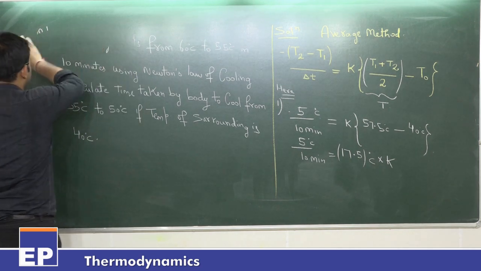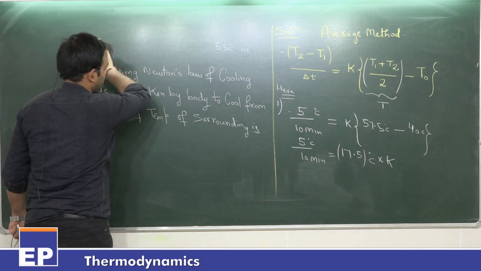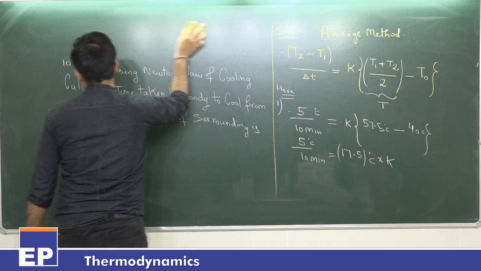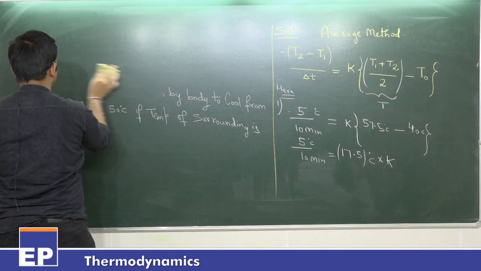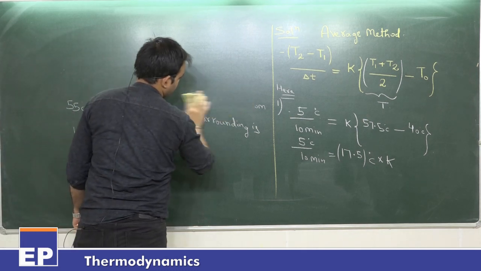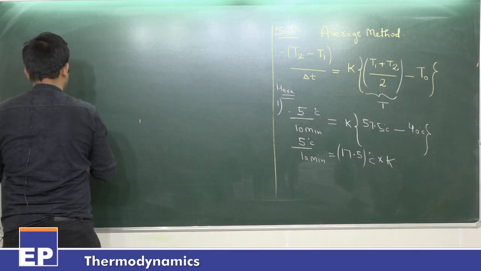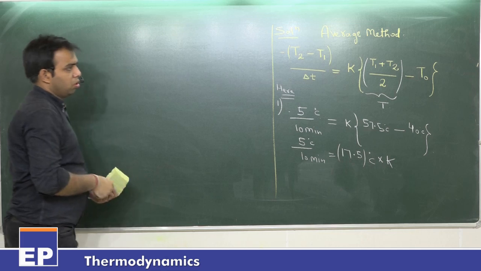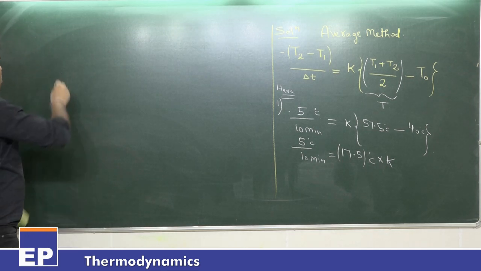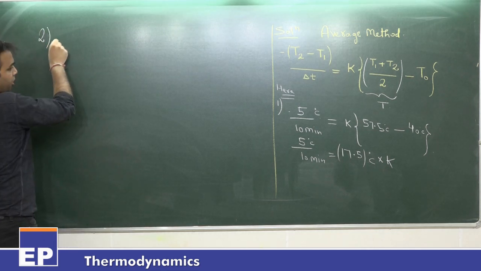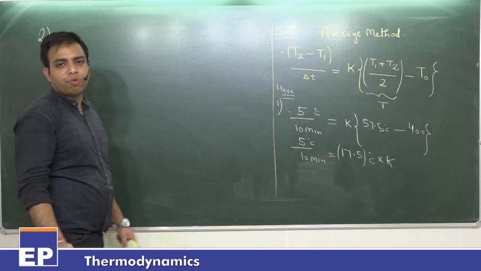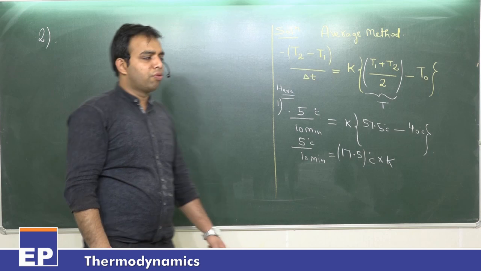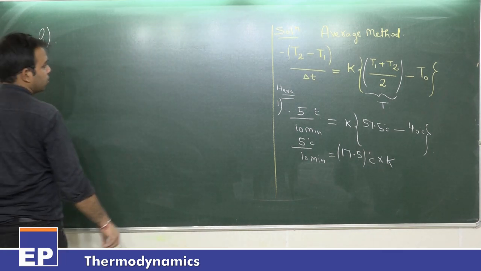Now what is the second equation there? What is the second equation? Second equation is again it is falling from 55 to 50. If it is 55 to 50, then it is 50 minus 55.